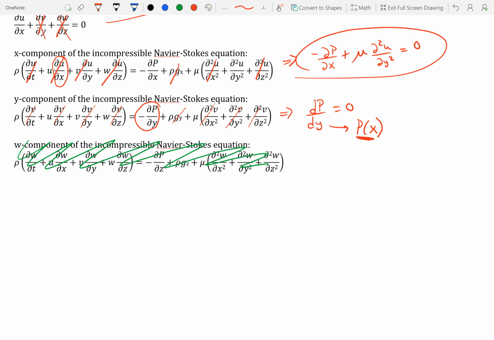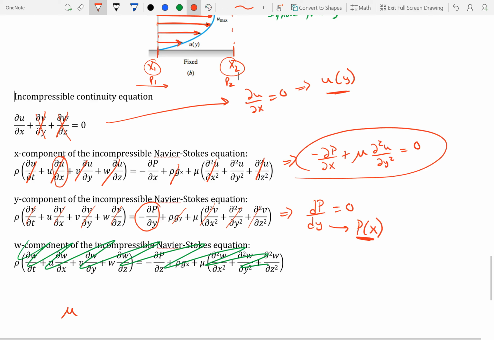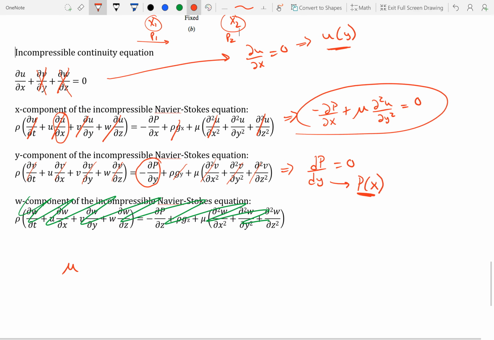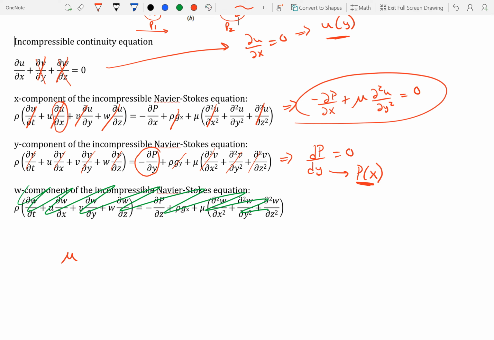All right, so we end up getting mu, and because there's only one variable, p is a function of x, dp dx.